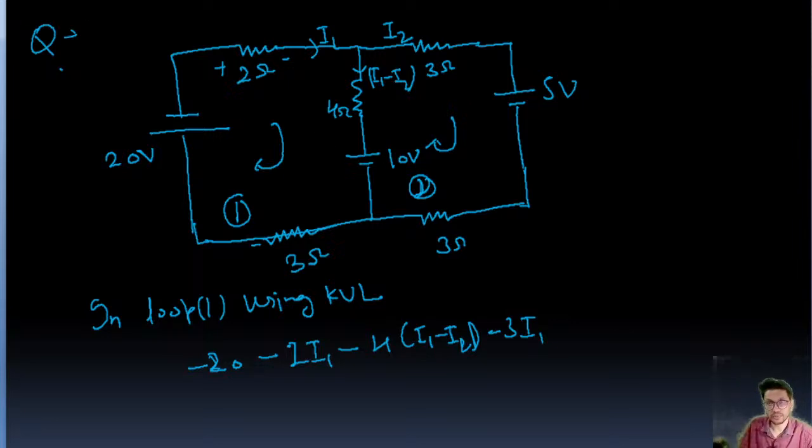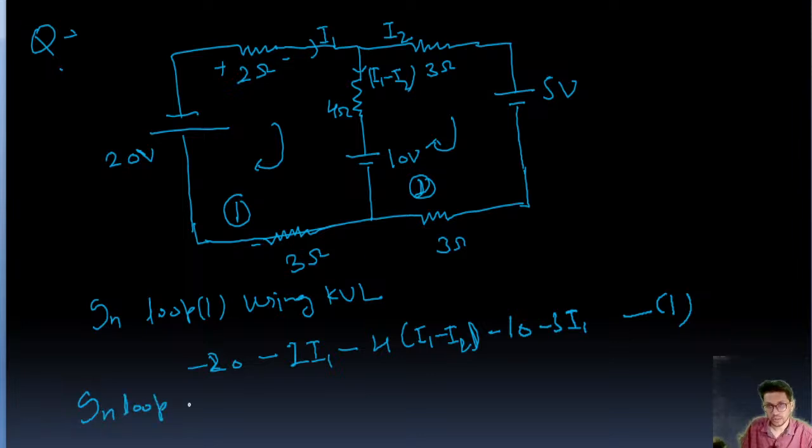First I'll write minus to plus, so this is going to be minus 10, plus to minus, and then minus 3I1, right? This is equation 1.